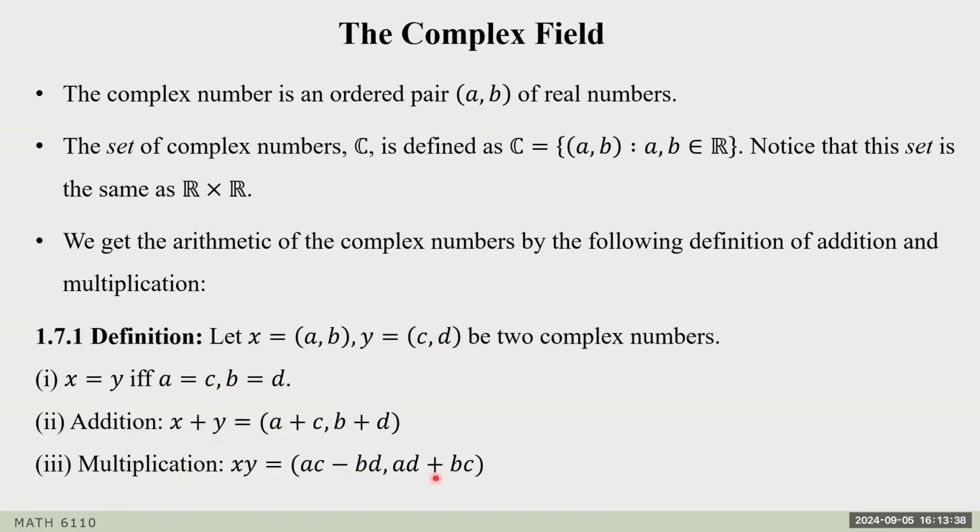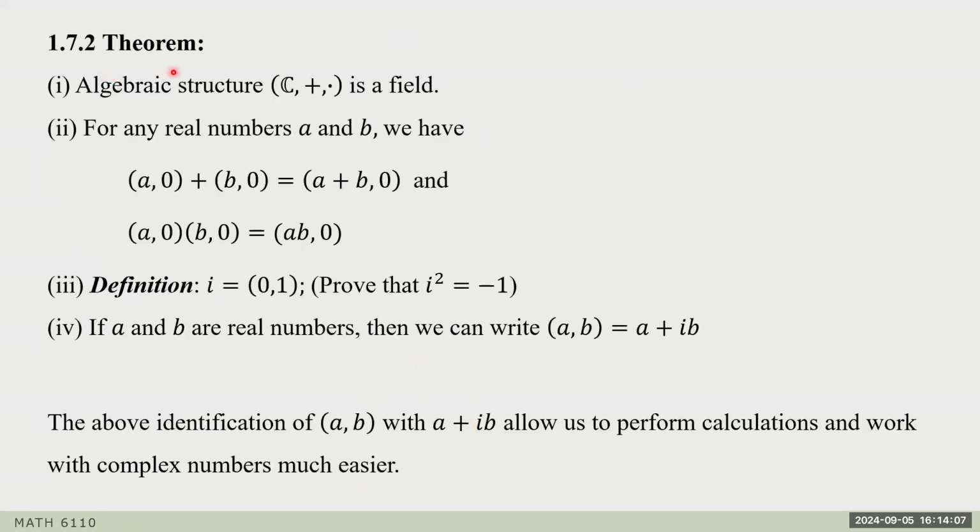It looks kind of weird: it's ac minus bd, and that's the first component. And the second component is ad plus bc. So this is what makes the complex numbers different from R squared, it's this multiplication. And we'll see where the I comes in, the imaginary number i.